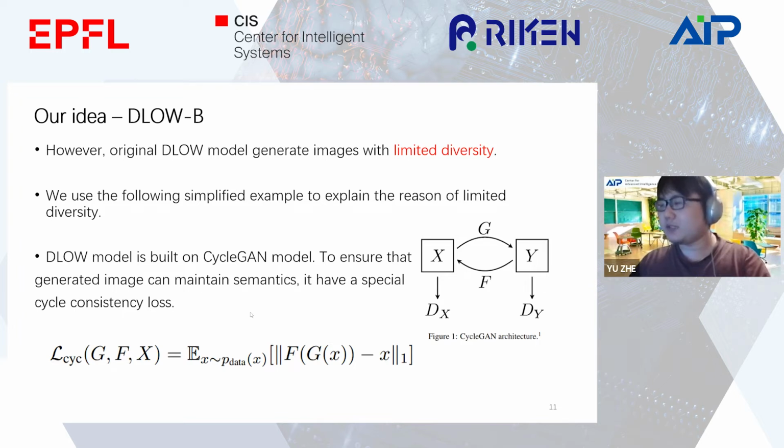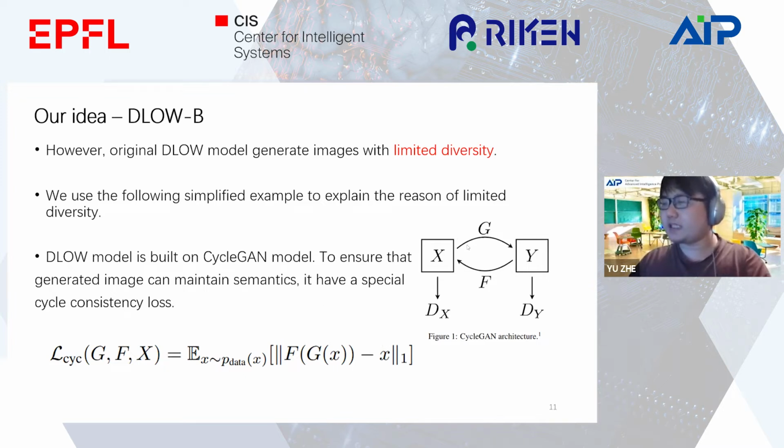The basic idea of this loss is that when we transform the image X from domain X to domain Y, and then recover that transferred image from domain Y back to domain X, the distance between F(G(X)) and X should be minimized, which means we can recover the original images from the transferred images.